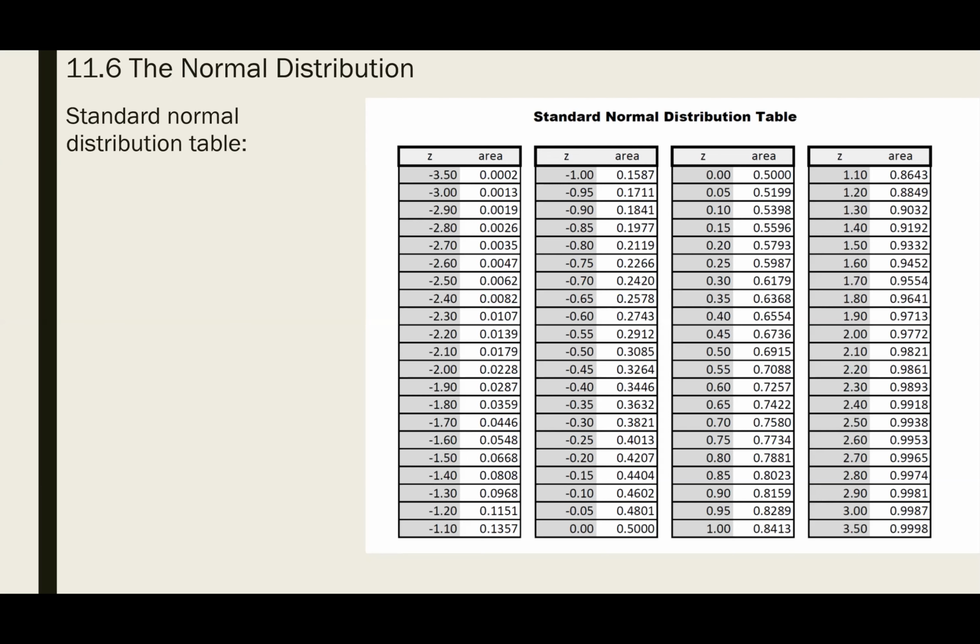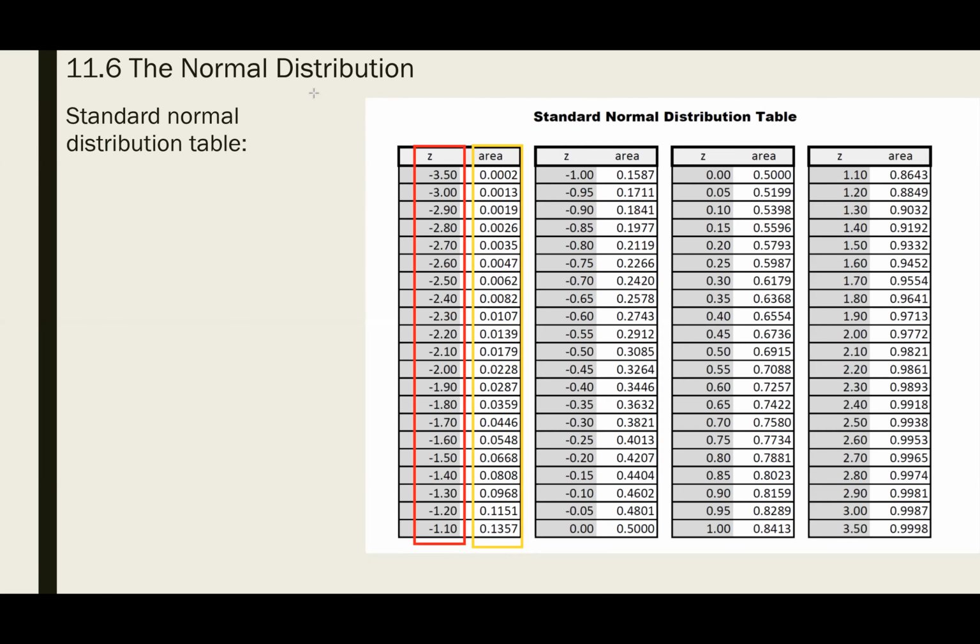One thing I want to point out: this right here is your z-score, and the area that they give you, the corresponding area, is the area to the left of the z-score.